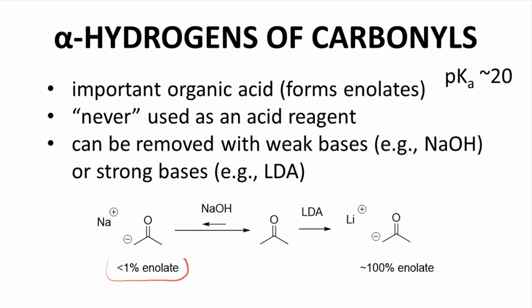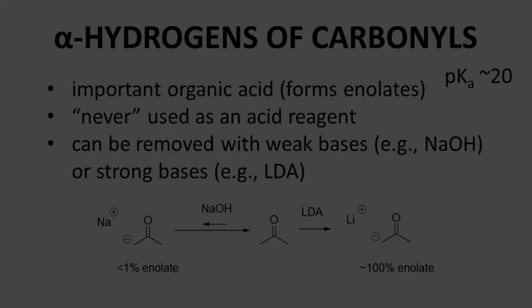NaOH achieves less than 1% enolate formation, but sometimes less than 1% is all you need to get a reaction started. LDA is a much stronger base. It achieves essentially 100% deprotonation with complete enolate formation.